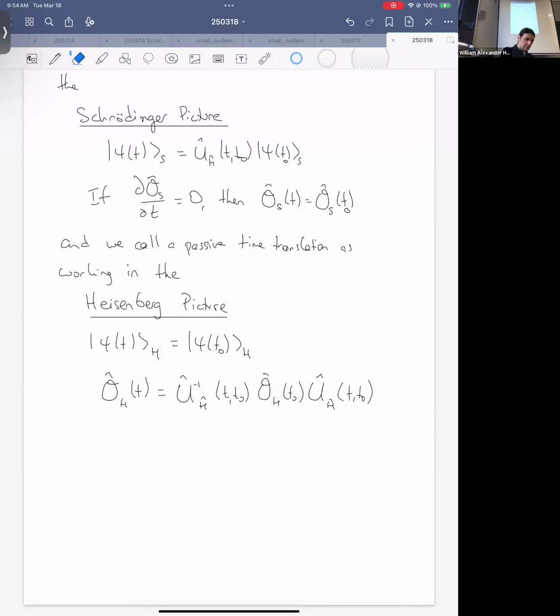All right, so notice that both pictures coincide at t equals t0. No time evolution has occurred.